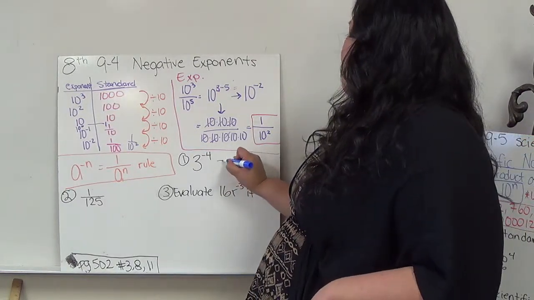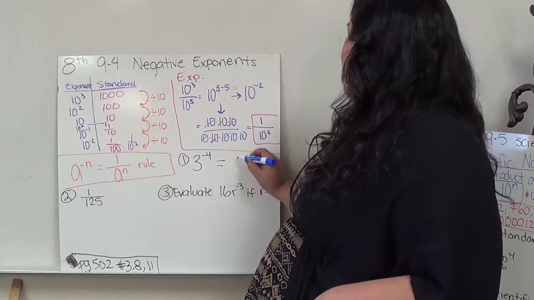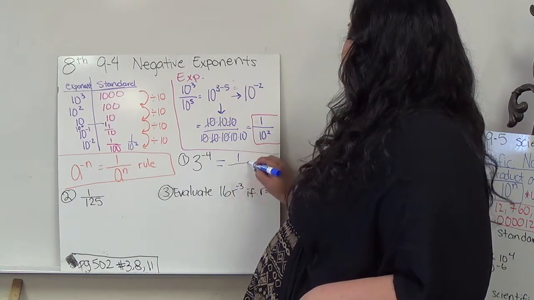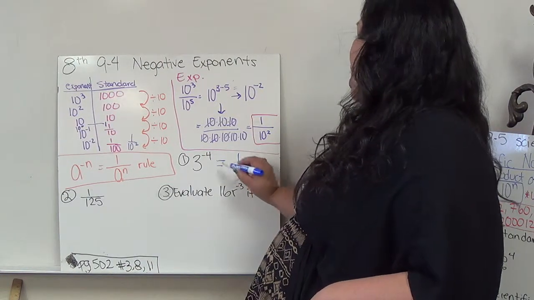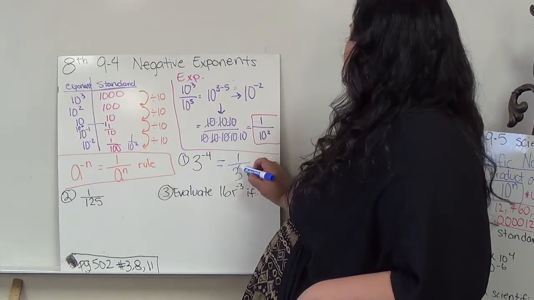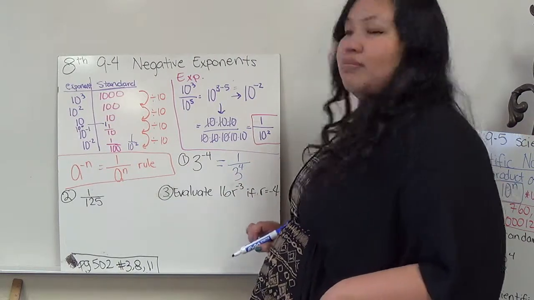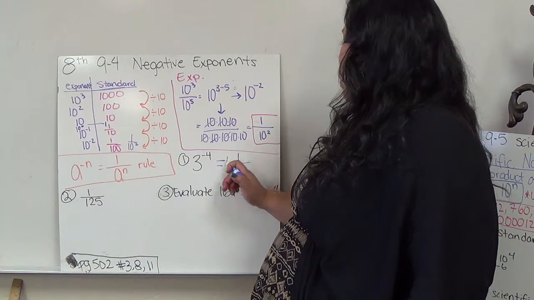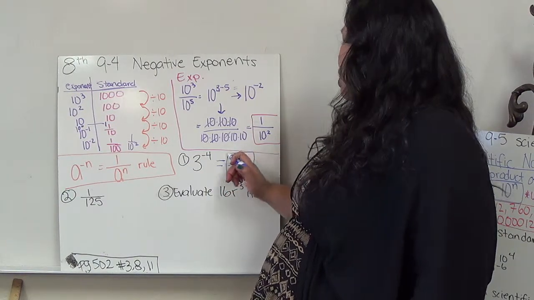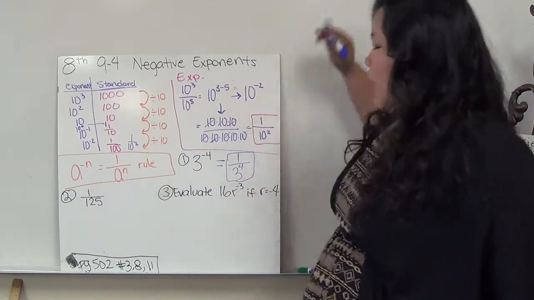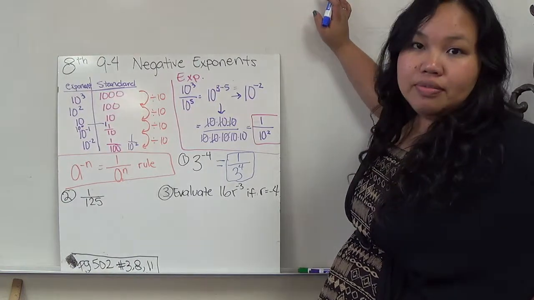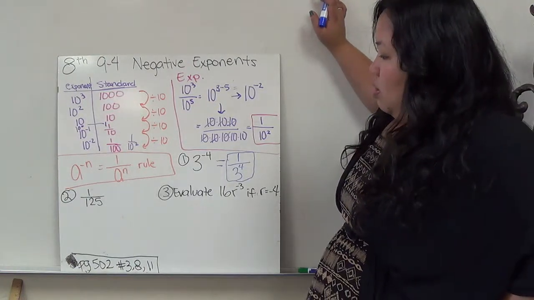So because this is a negative, that means I'm going to put that on the denominator, because the numerator is 3. And now that I'm putting it on the bottom, that 4 becomes a positive. And I can multiply that out if that's what the answer wants me. But this is how I do it. I just take it, bring it to the bottom, and now it becomes positive. Okay?